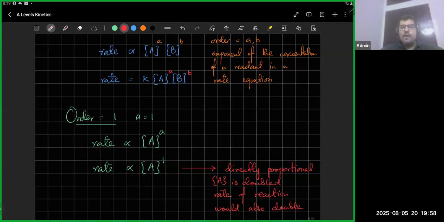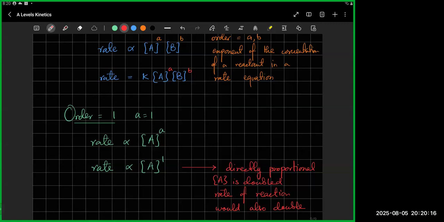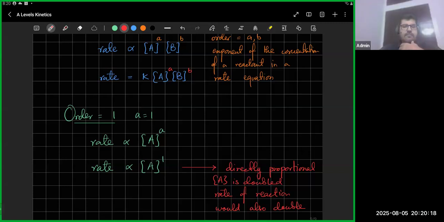Is this clear, what order 1 is? Is this clear to everyone? Yes, sir. So that small a is the power.